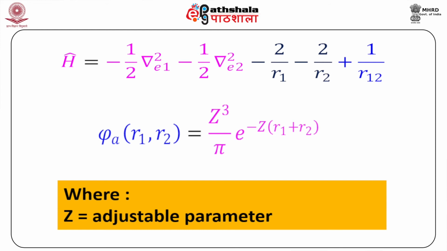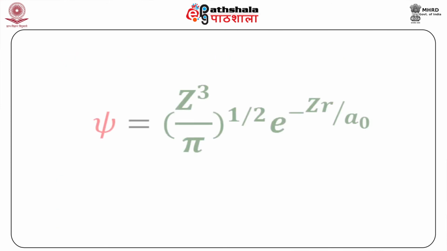If we now consider a one electron system like hydrogen atom or helium ion, the wave function is known to be of the form as shown in equation 13. Psi is equal to under root z cube upon pi into e to the power minus zr by a naught, where a naught is Bohr's radius and z is the charge on the nucleus.